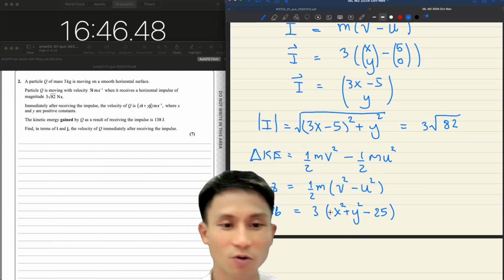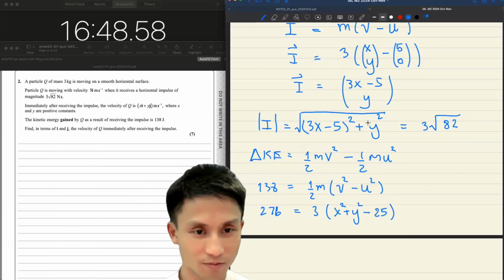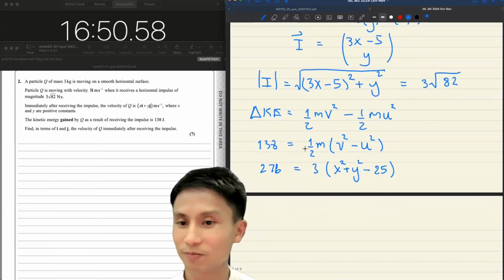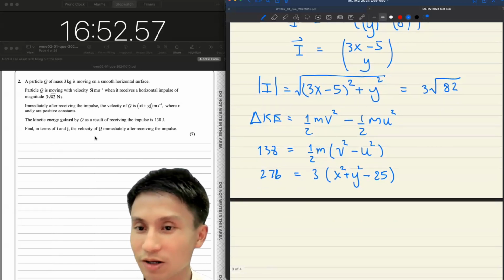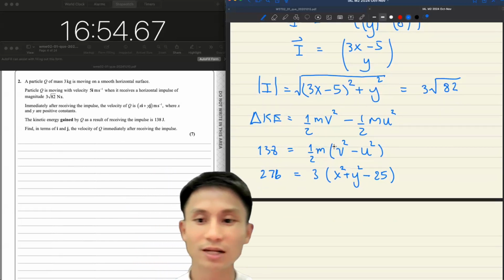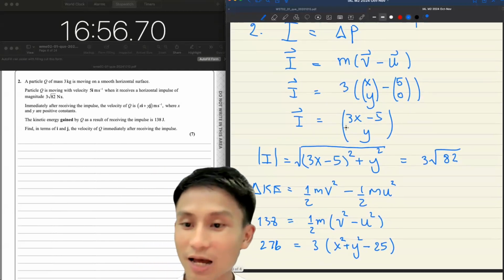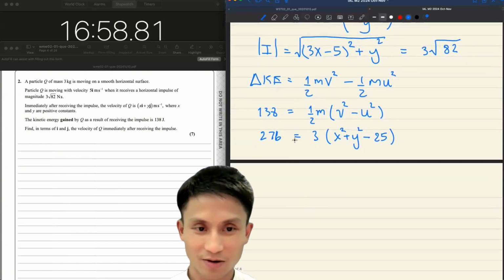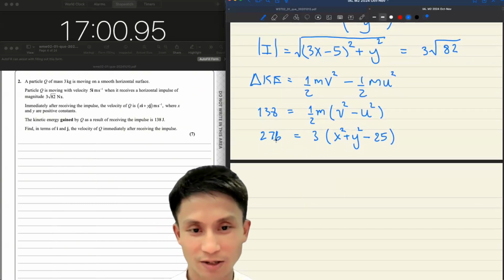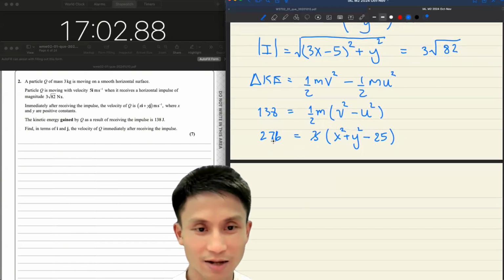So this is another equation, right? So we can plug it in there and solve for one of them. Let's see what we want. We want the velocity of Q immediately after. So we want to find x and y basically. All right. Okay, so let's see if I can divide. I can cancel this by 3.